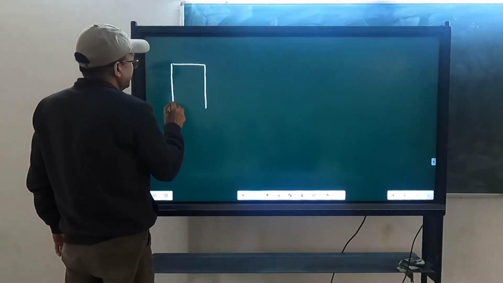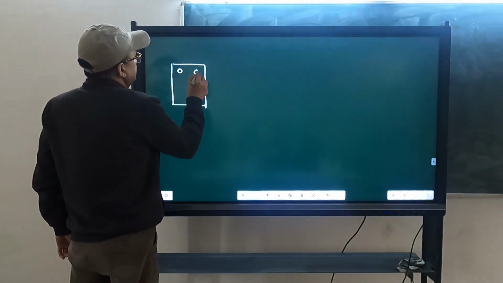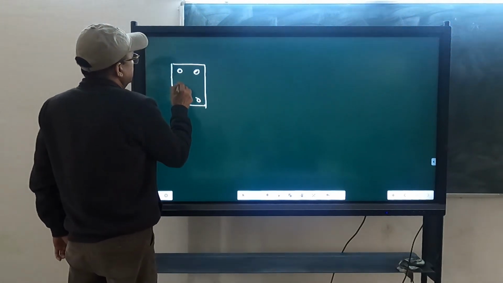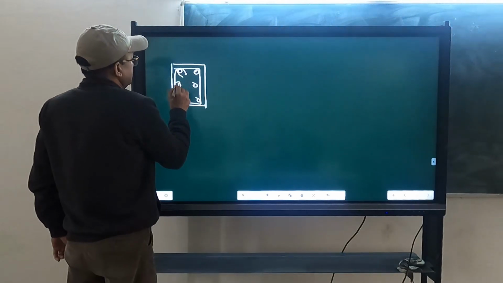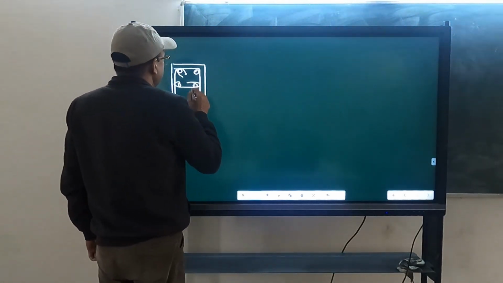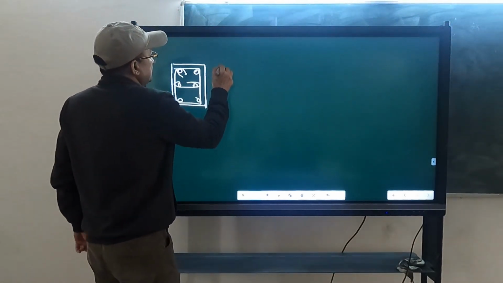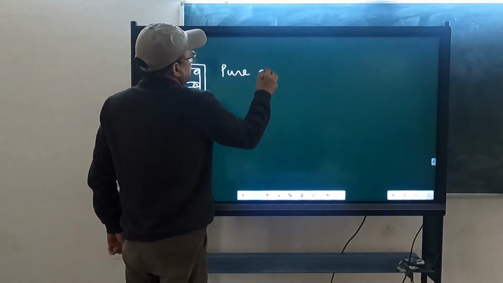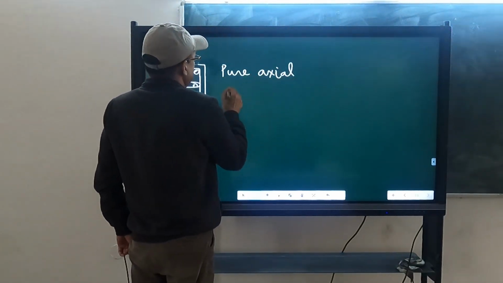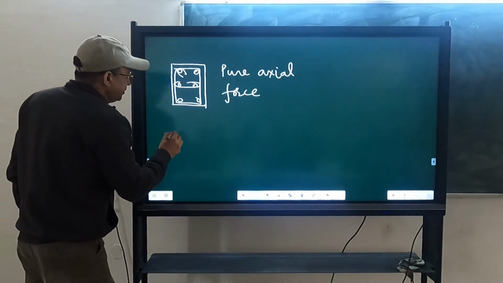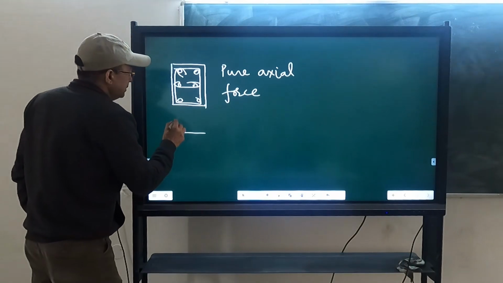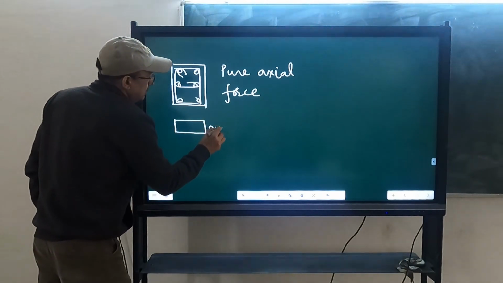I have a column section. It is subjected to pure axial force. Okay, so the strain distribution we take is this.